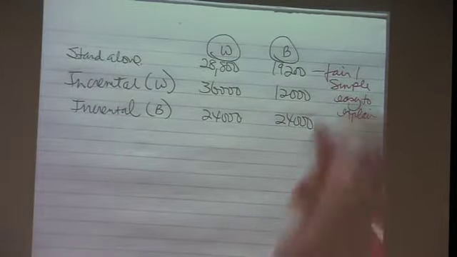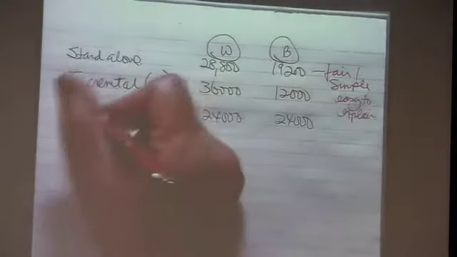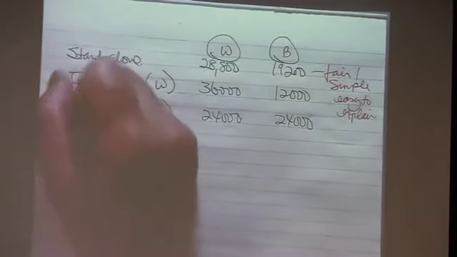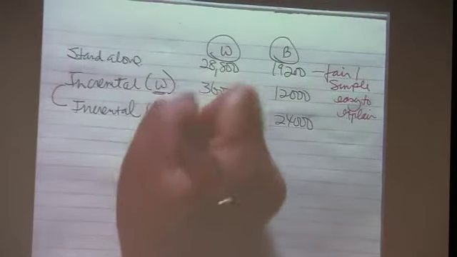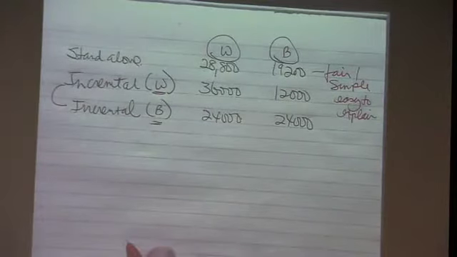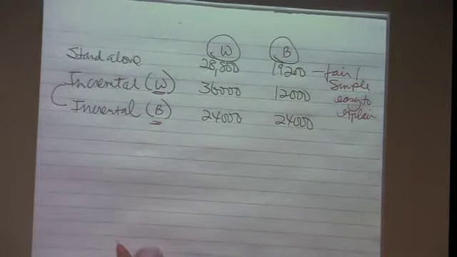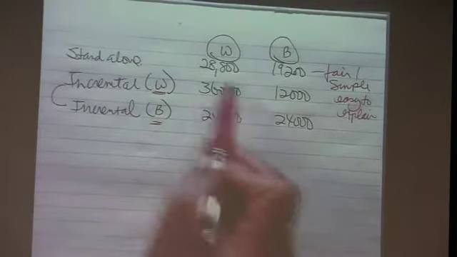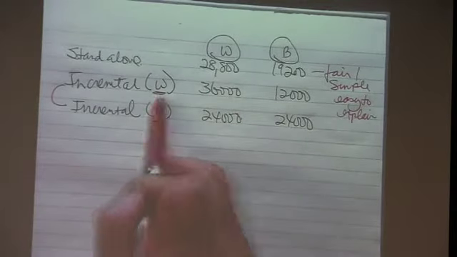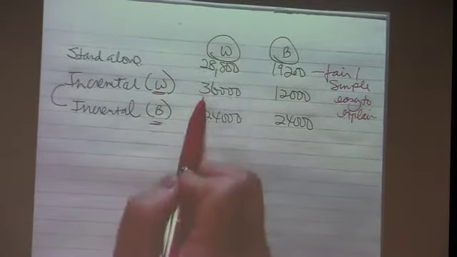Now, the incremental methods are going to create discrepancy, because how do we then choose which is the primary, W, Wright, or Brown? There's going to be a bit of a dispute over who's the primary party, because obviously if you're the primary party, you get allocated the most cost. So in this case, W gets allocated the most cost.